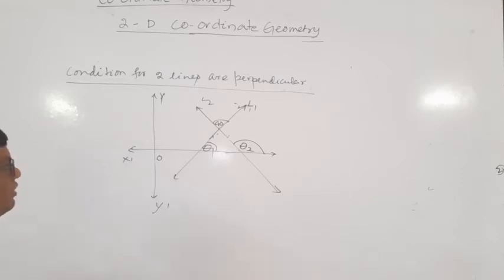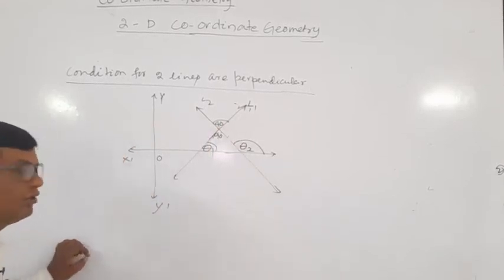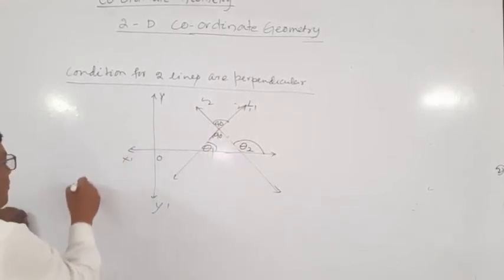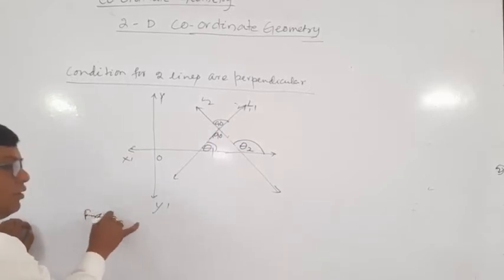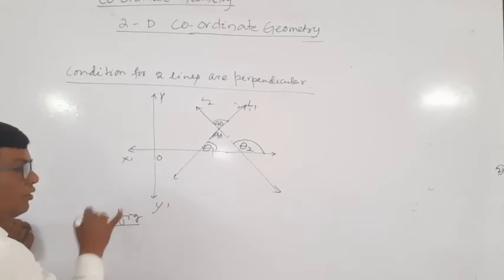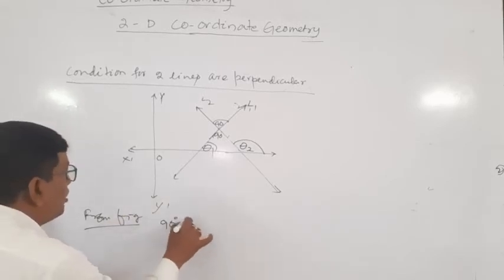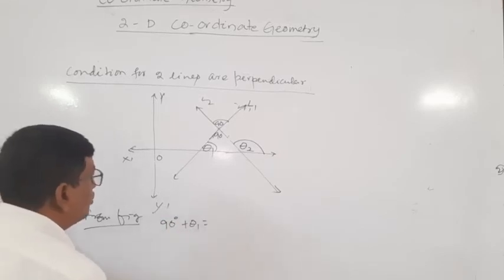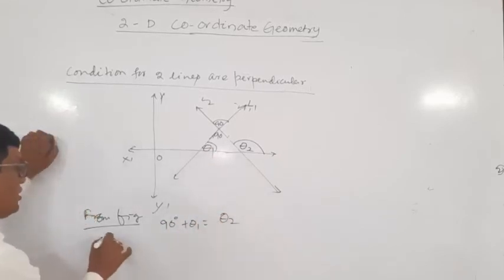Clear? From the figure, what happens here? 90 degree plus theta 1 is equal to theta 2.